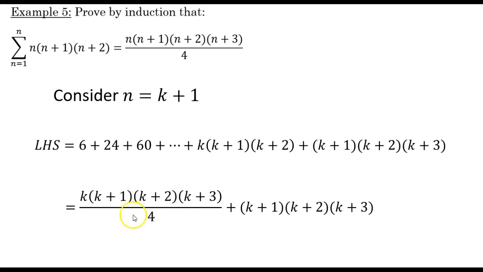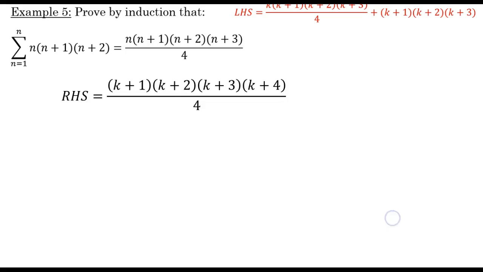So my first k terms can be written this way, plus the last term, the k plus 1th term, which is k plus 1 times k plus 2 times k plus 3. That's my left-hand side. That's about as neat as I can get it for the time being.